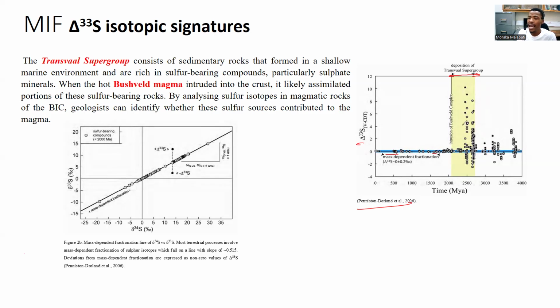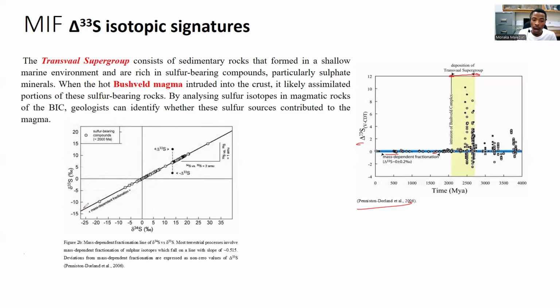One suggestion is that because the Transvaal Supergroup has MIF signatures, when the Bushveld Complex was passing through it, it incorporated or assimilated these MIF signatures, which is why the Bushveld Complex, even after the Great Oxidation Event, still preserves the MIF isotope signatures. I hope you understand what we are trying to say.